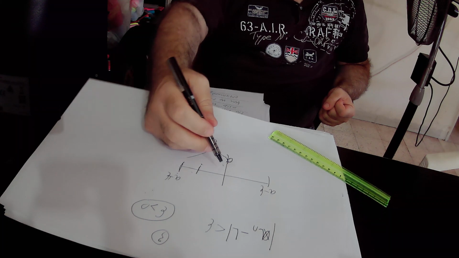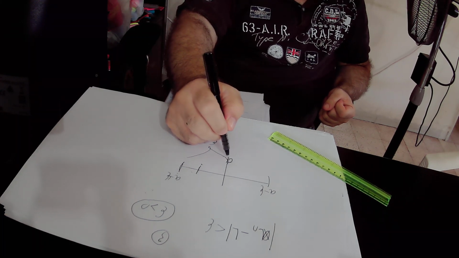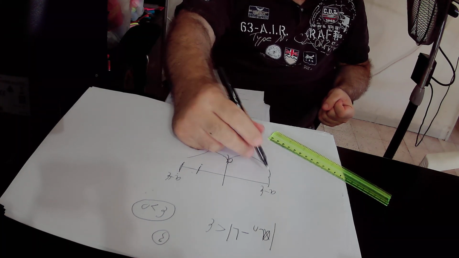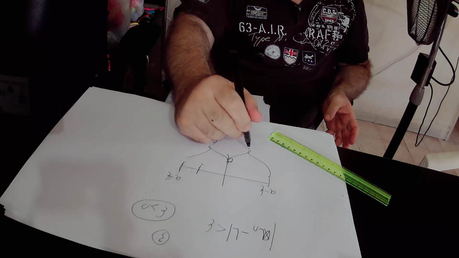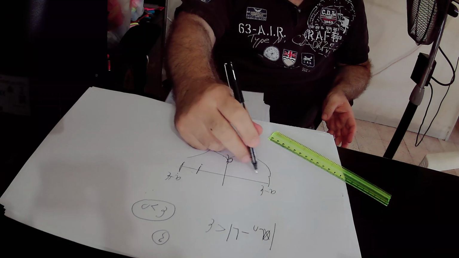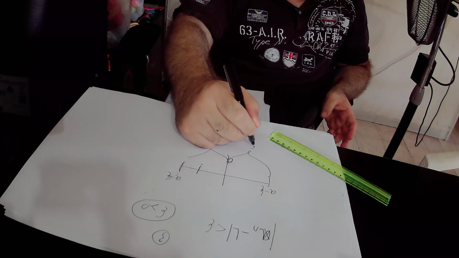Here the distance between A minus epsilon and A is also epsilon.